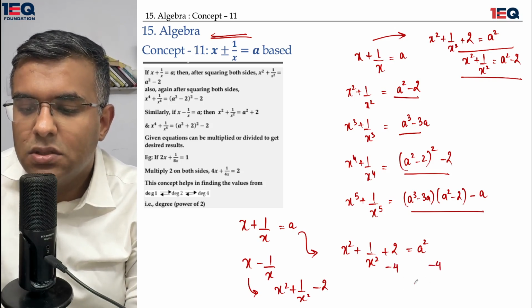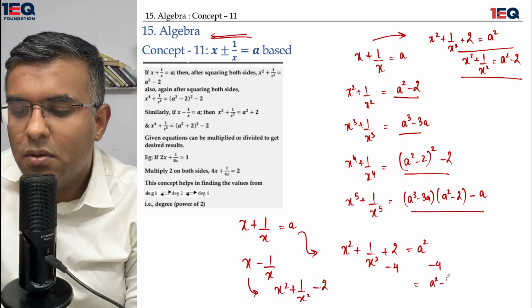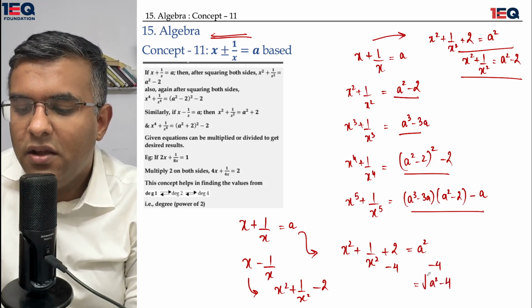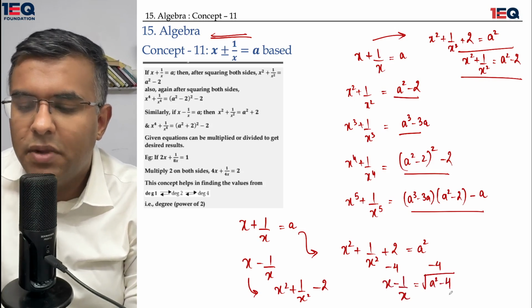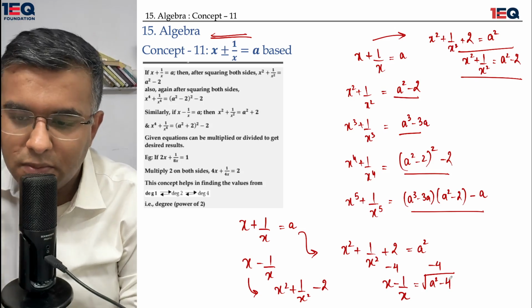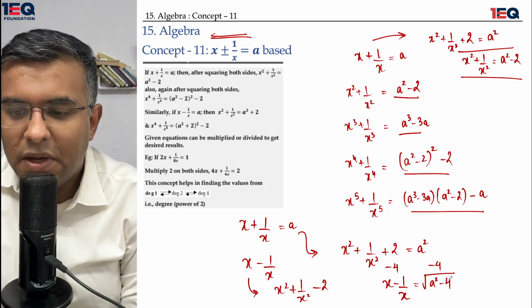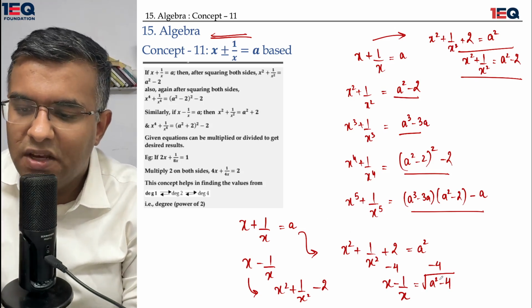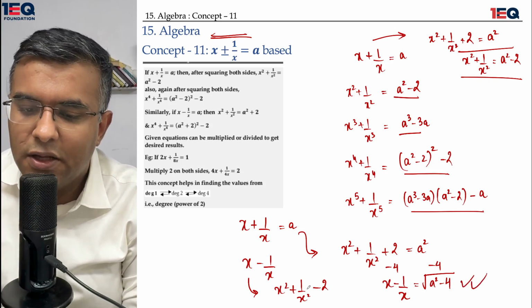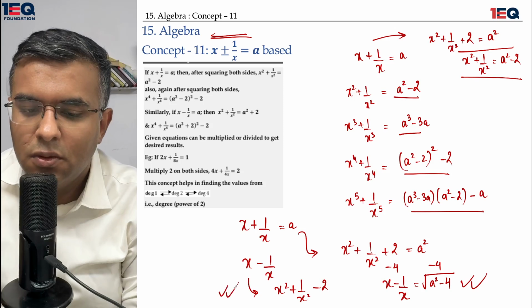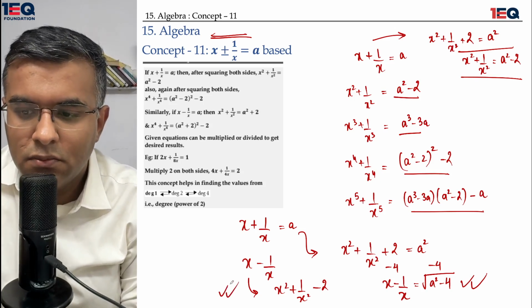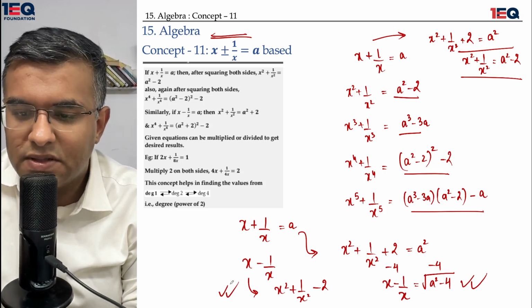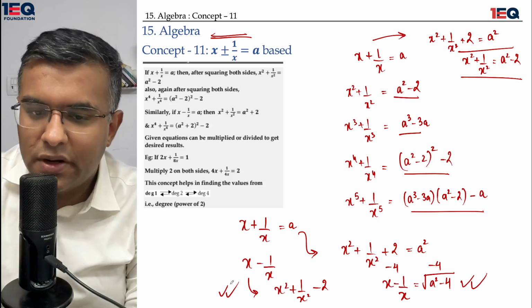This would reach a square minus 4, and when I put a root on it, I get my x minus 1 by x situation very clearly. So, this is how I work things out. I hope everybody is able to understand. Also, there is another short trick.